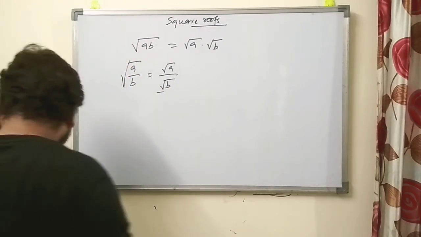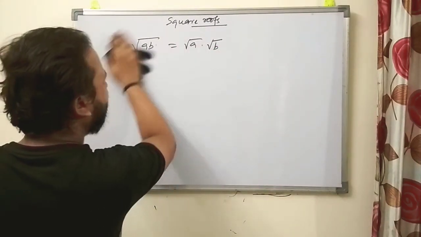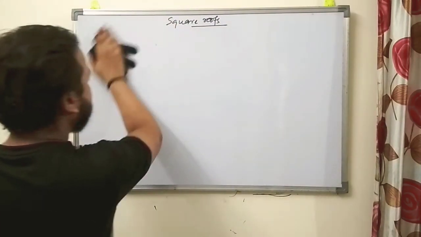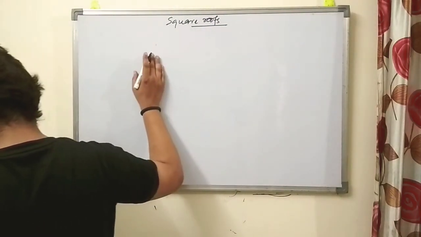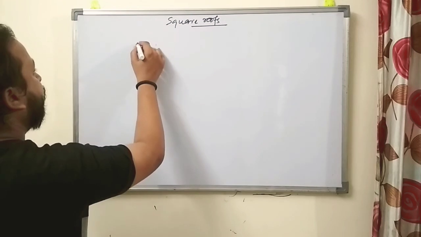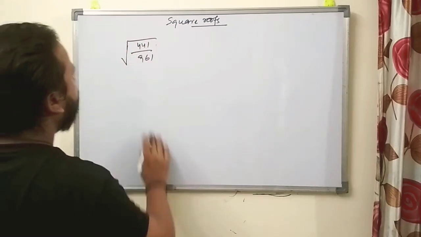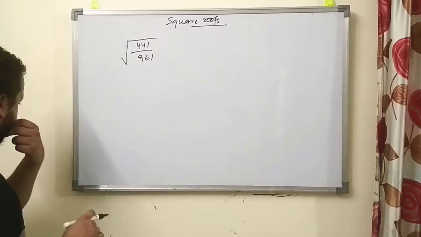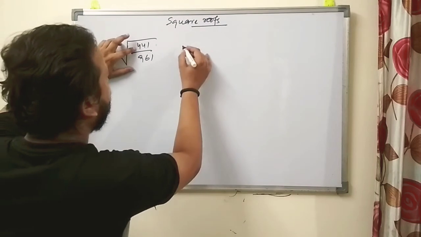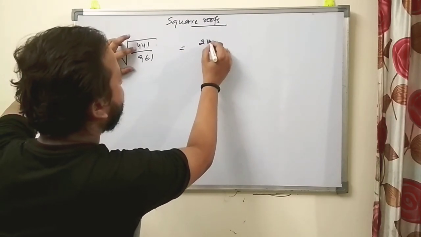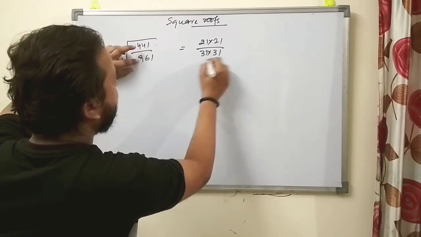Right? So we also use the prime factorization method to solve this type of question, or we use just the long division method. Suppose you have to find the square root of 441 by 961. If you remember, 441 is 21 multiplied by 21, and 961 is 31 multiplied by 31.